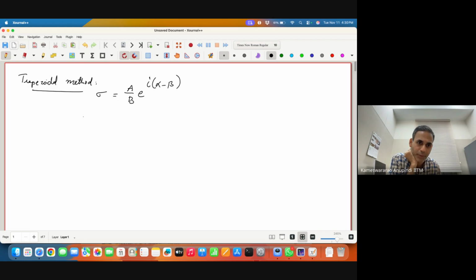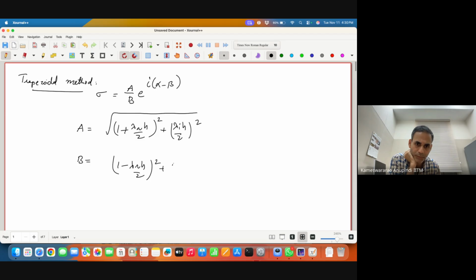That's what we have written for sigma, for the trapezoidal method, wherein a was equal to the square root of 1 plus lambda r h by 2 whole square plus lambda I h by 2 whole square. Is this correct? If somebody has taken notes, maybe they can verify. With the minus here, right?